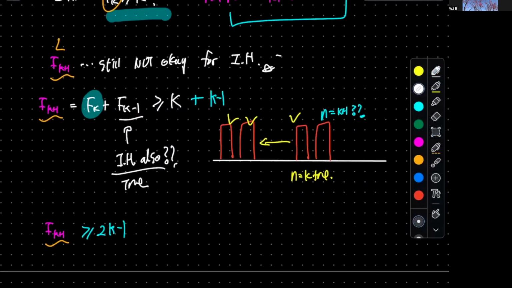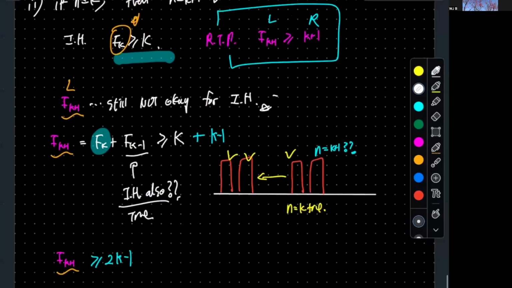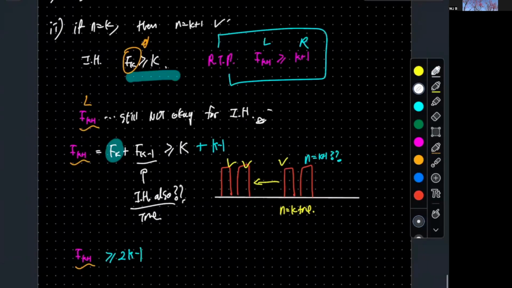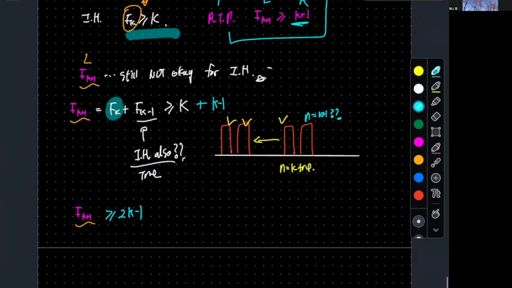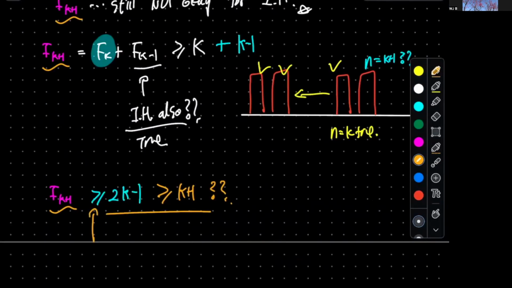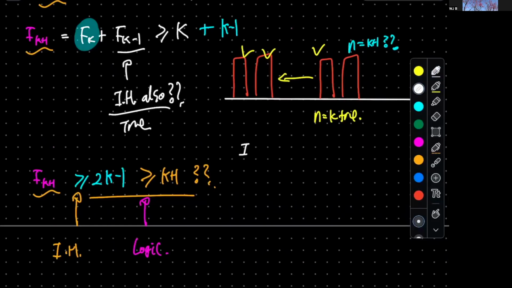But now what we want to do is eventually show the result. Our result was k plus 1. And I wonder if this is bigger than or equal to k plus 1. So this first inequality came from the induction hypothesis. But the second inequality should come from our logic, right? Because if 2k minus 1 was less than k plus 1, then it suggests k is less than 2.